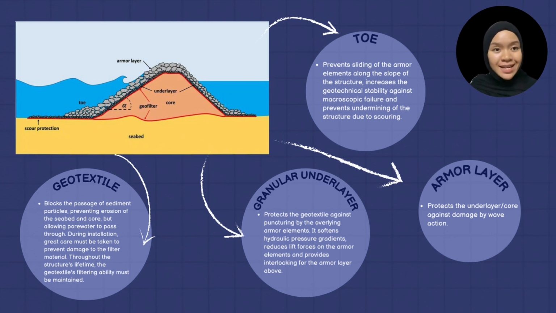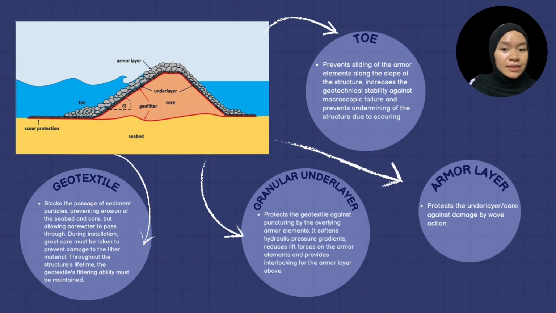Next, granular underlayer. Granular underlayer protects the geotextile against puncturing by the overlying armor elements. It softens hydraulic pressure gradients, reduces the forces on the armor elements, and provides interlocking for the armor layer core. The recommended layer thickness is at least 60 cm, about 1.97 feet, and the granular size 10 until 20 cm, about 7.87 inches.